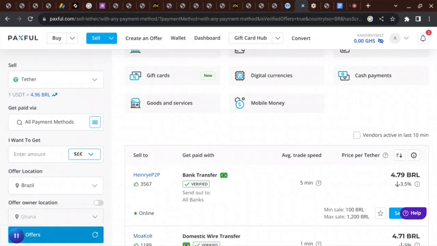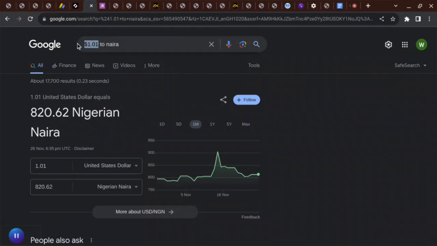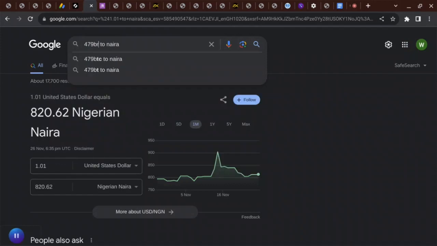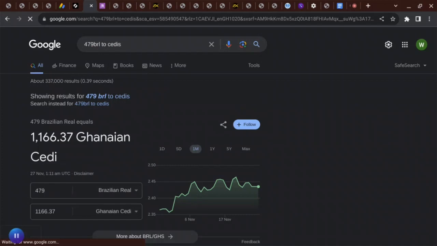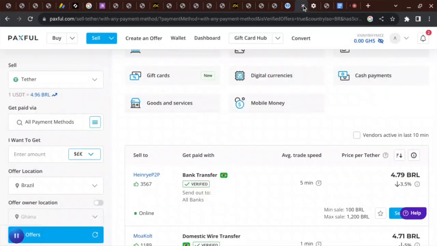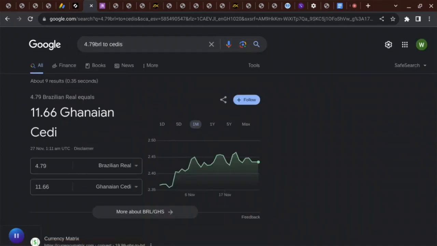First of all, you have to take your mathematical knowledge and your rate very seriously, because 4.79 BRL, let me check. 4.79 BRL to cedis is 11.66.